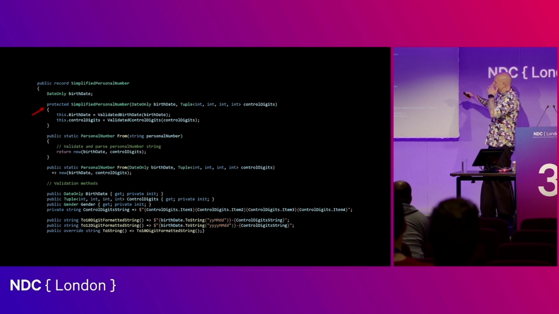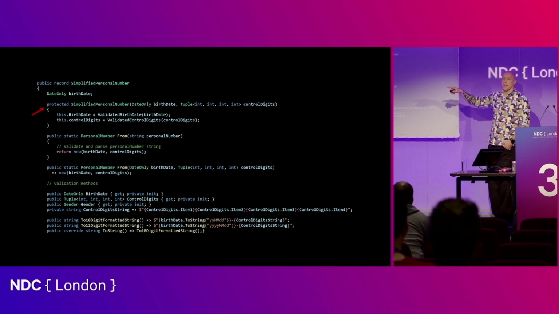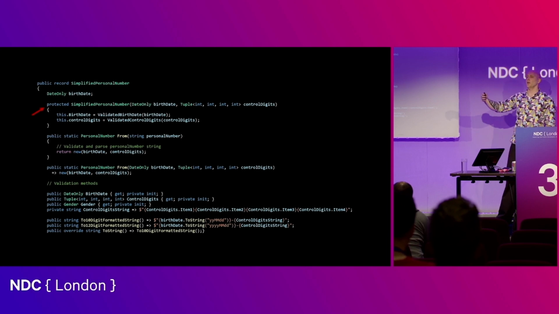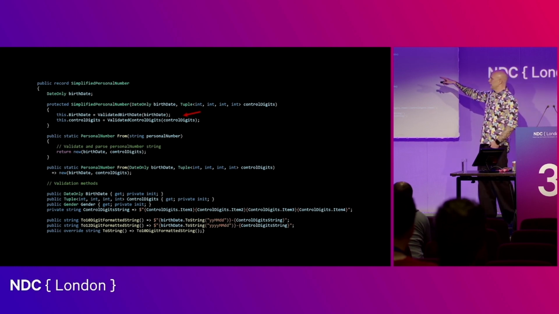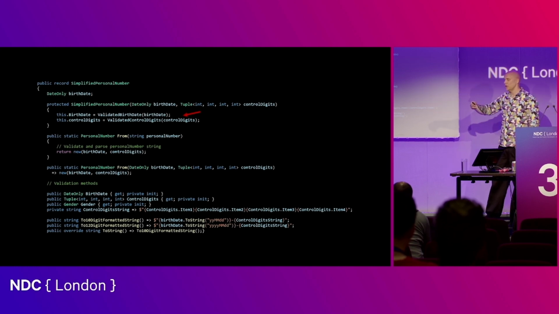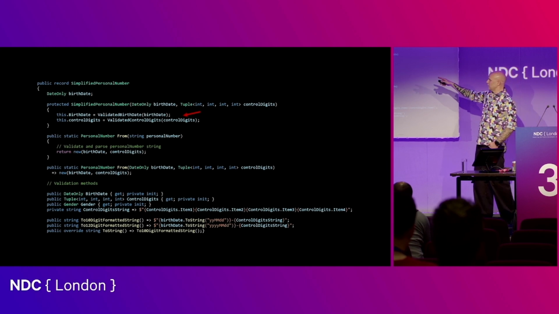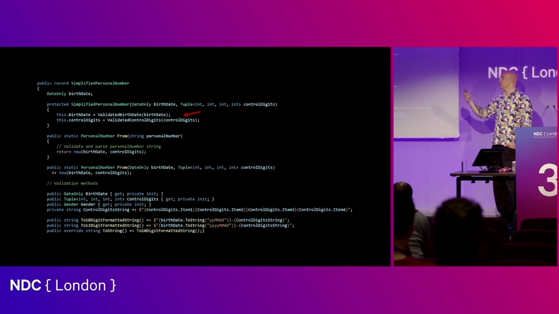Anyhow, so I've got a constructor here. I made it protected because I don't want you to be able to new up one of these. And it takes a birth date and the 4 control digits at the end. They're not all control digits, but anyway. And I basically can validate those in this constructor. I didn't put in the validate methods, but basically you can see they validate the different parts in here, so it's self-validating.